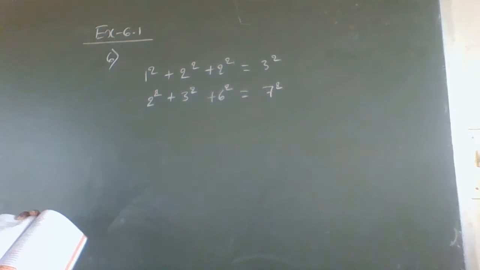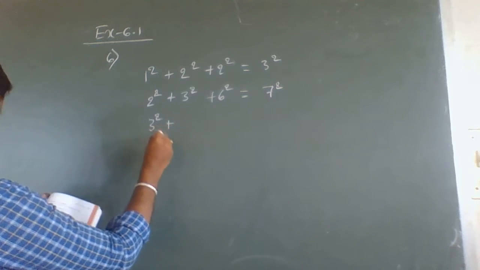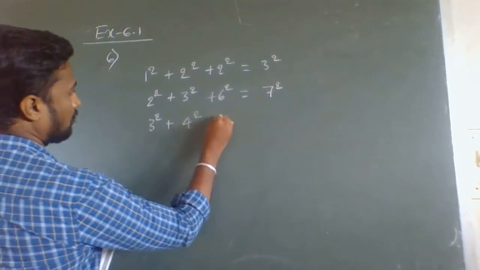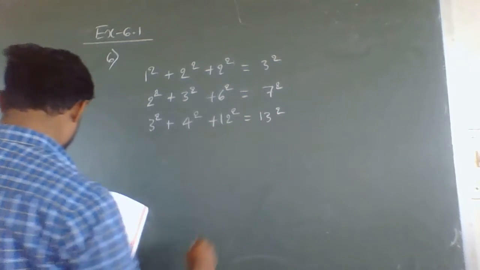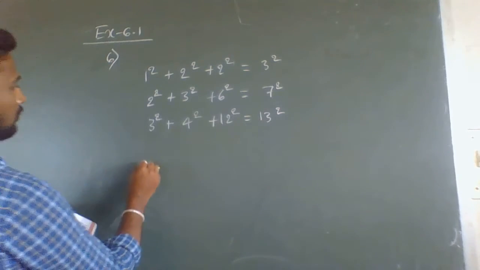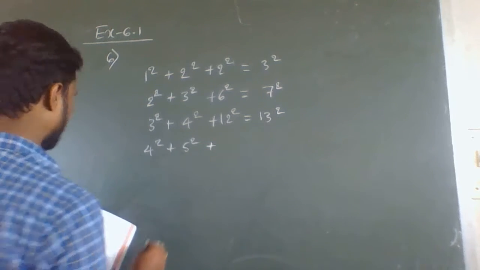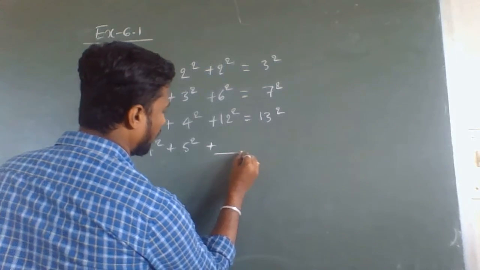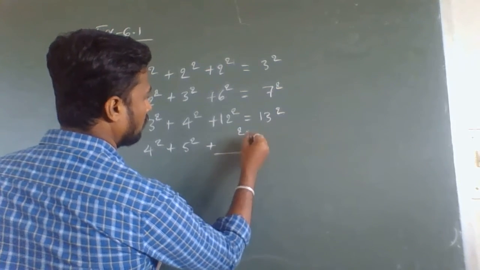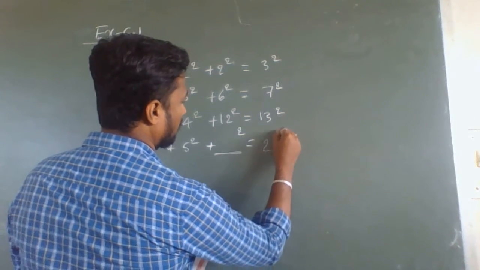Next one, 3 square plus 4 square plus 12 square equals 13 square. Next, 4 square plus 5 square plus, they have not given any number, we have to find this value, equals 21 square.